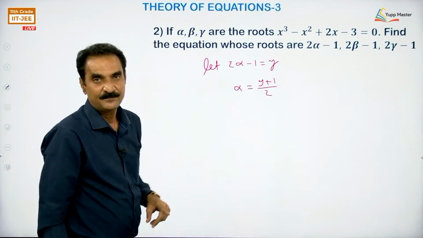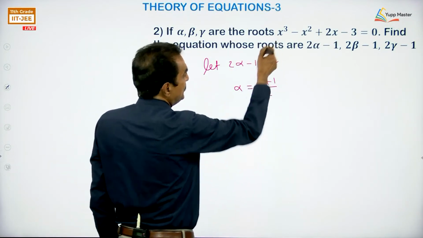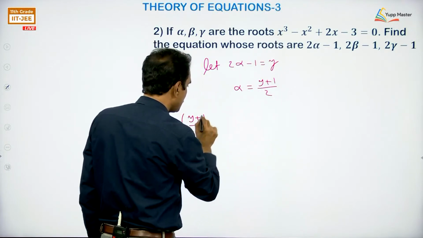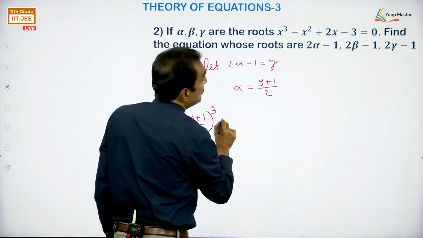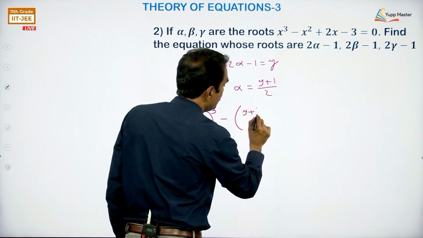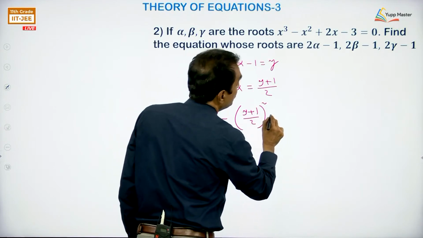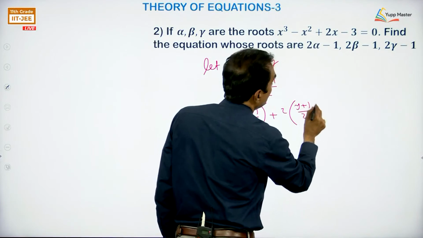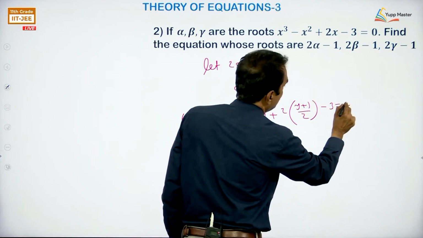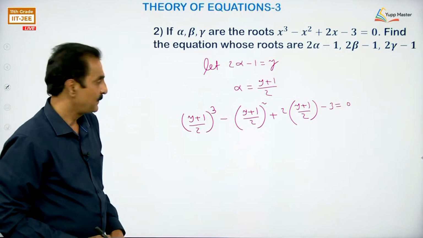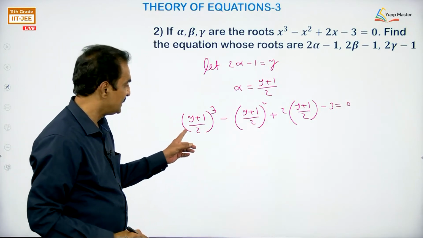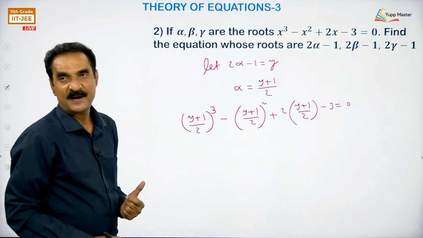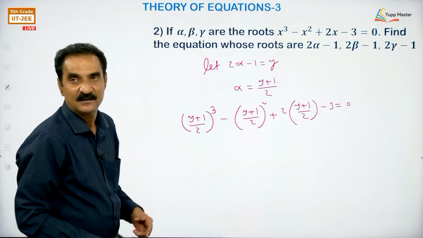So let me substitute y plus 1 by 2 in the given equation. Then simplify. Before simplifying, multiply by 2 cube, 8. At the same time, expand whole cube, whole square.